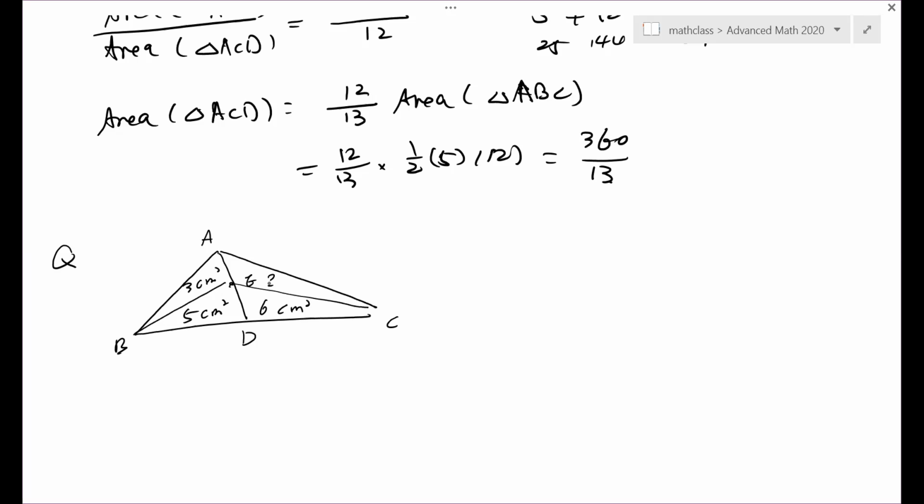So you have 4 triangles here, and you want to find the area of triangle ACE. Think about that. 3, 5, 6.